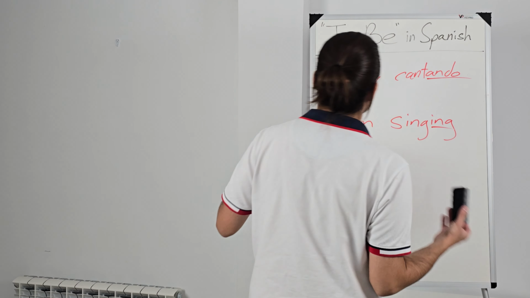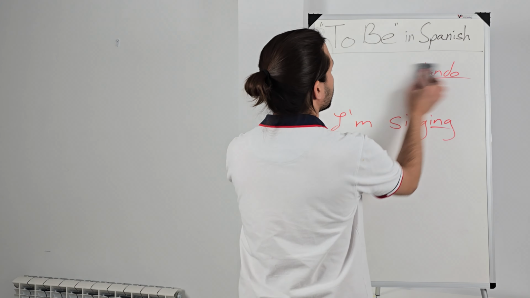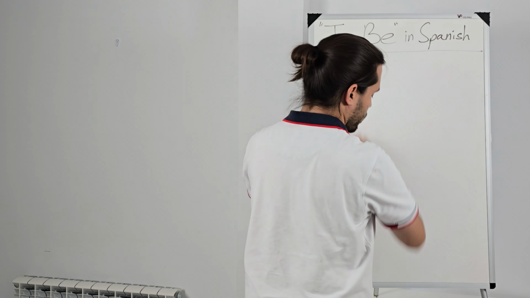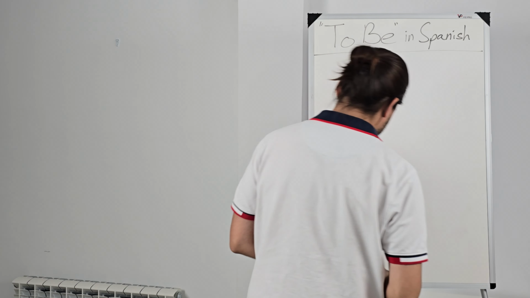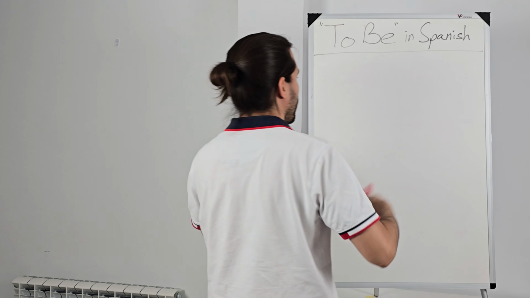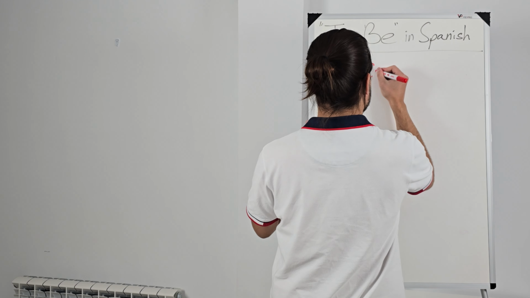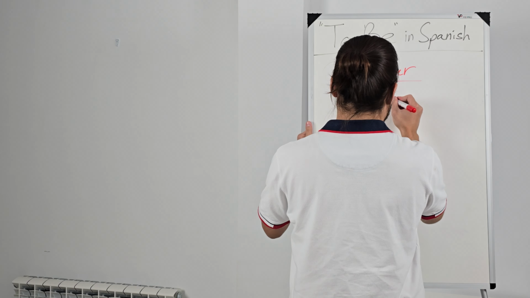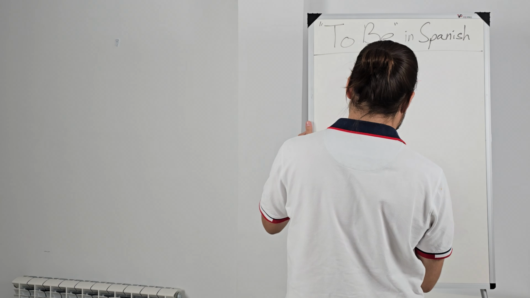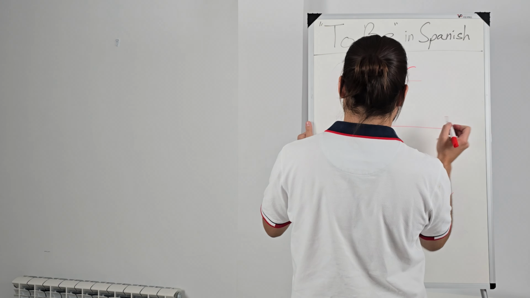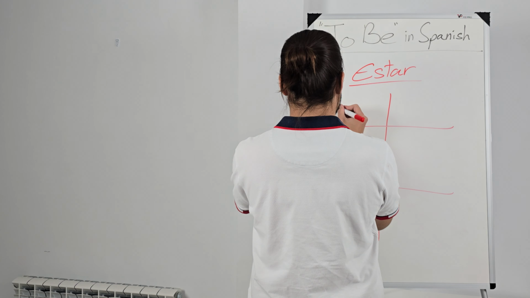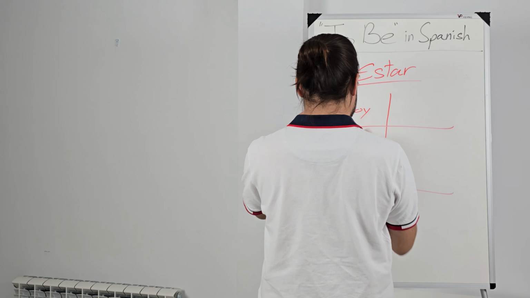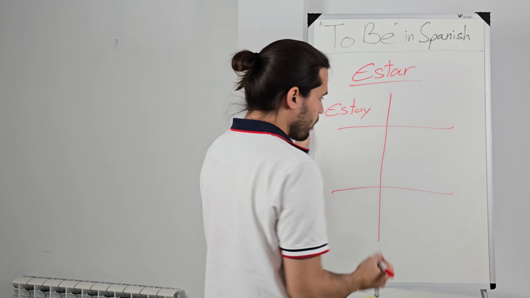Just remembered, I didn't write the conjugations on here, so let me do that real quick. Estar, the second state of being, which is commonly described as a temporary state of being. Estoy. It's another irregular verb, by the way.